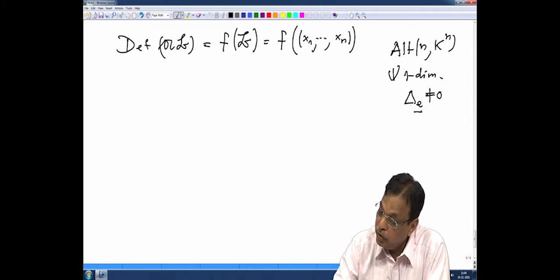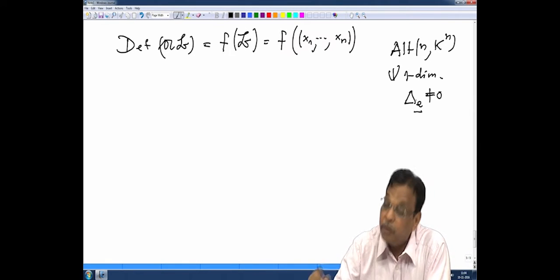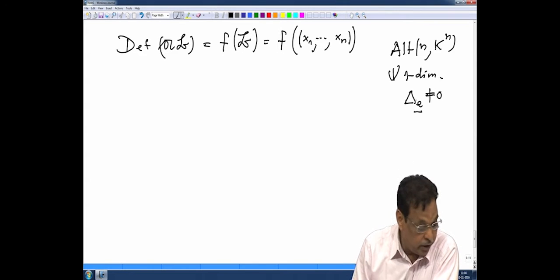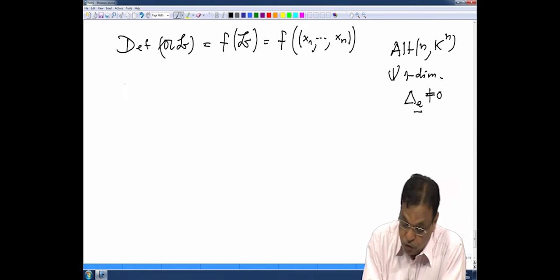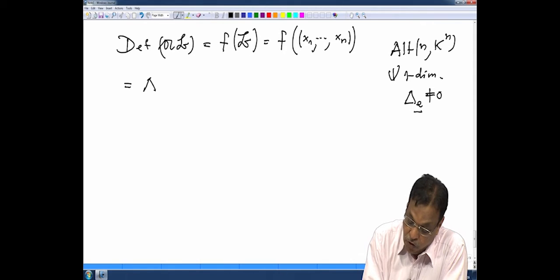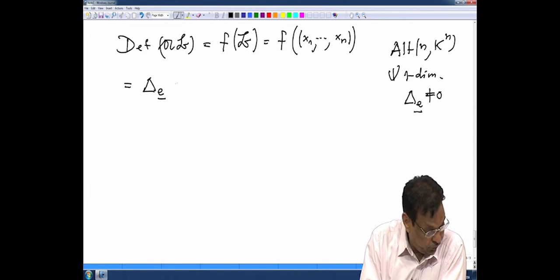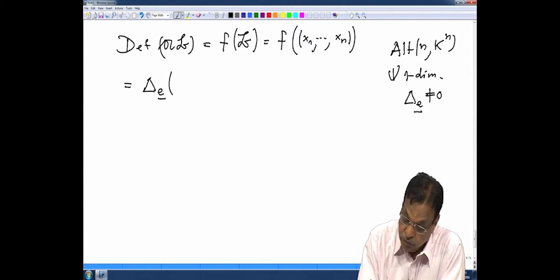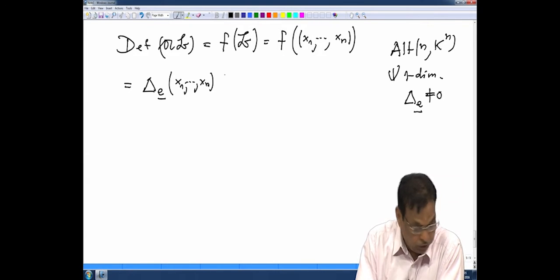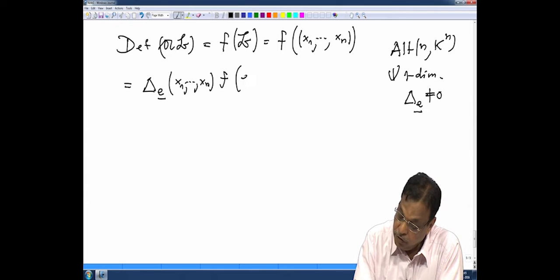Therefore, this non-zero element is a basis of this one dimensional vector space, and f is one of them. Therefore, f has to be a scalar multiple of delta E, and which scalar multiple, we also know how to find. This is delta E of x1 to xn times f of E1 to En.